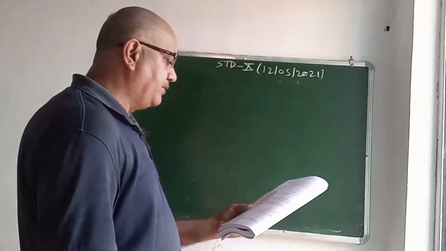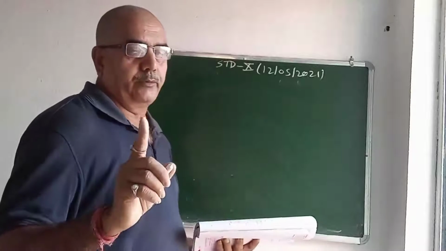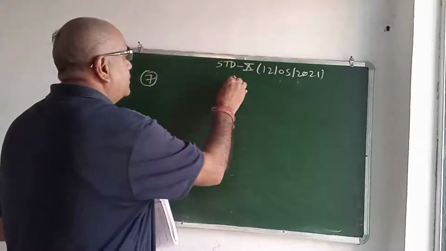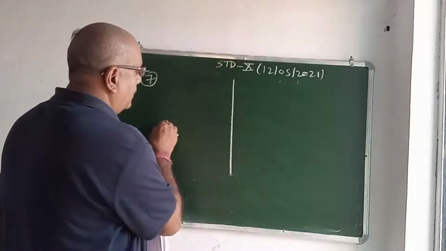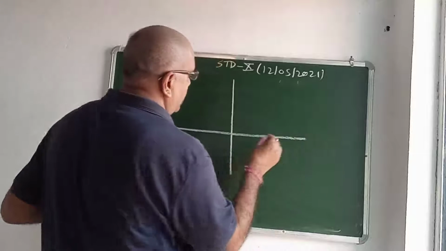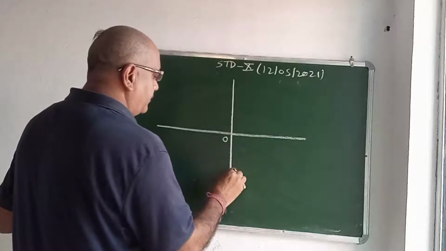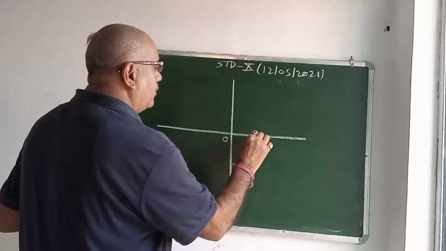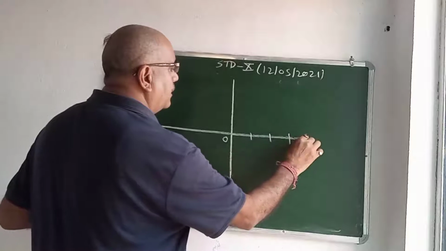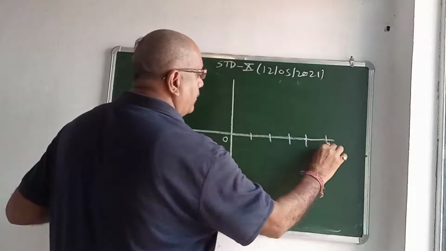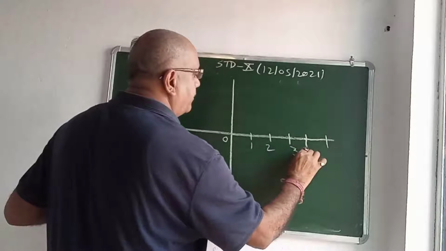Use a graph paper, take 10 small divisions equal to 1 unit. Means first, this is the origin, then 1, 2, 3, 4, 5, and 1, 2, 3, 4, 5.